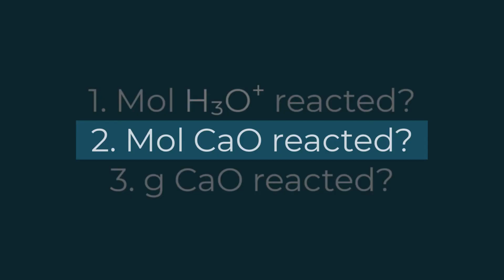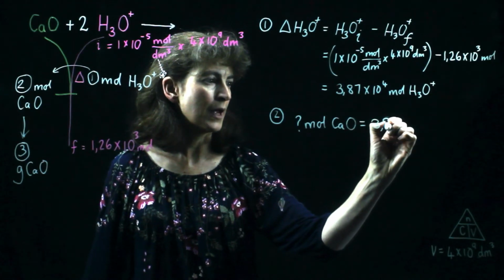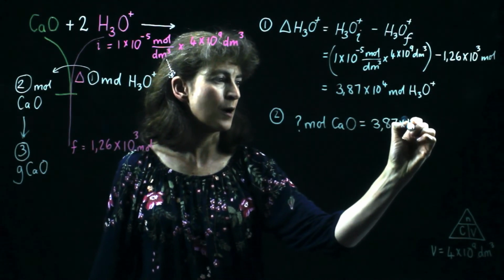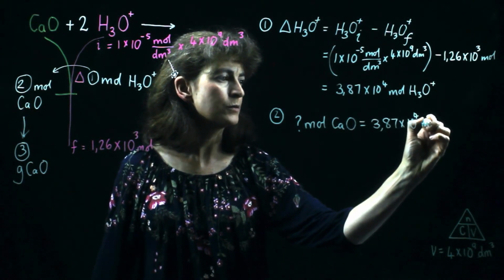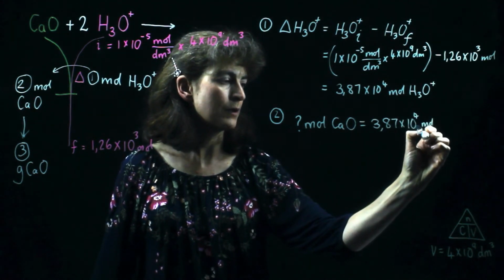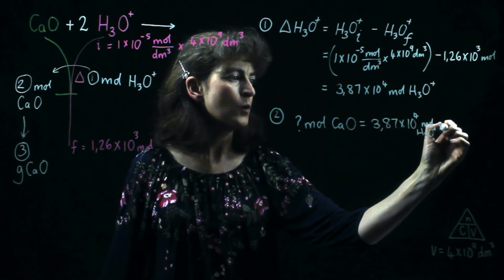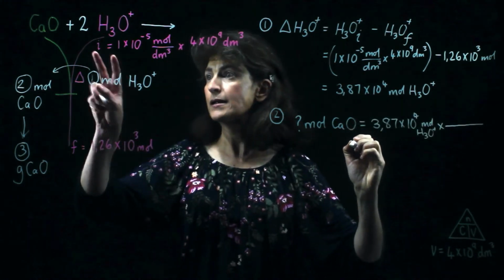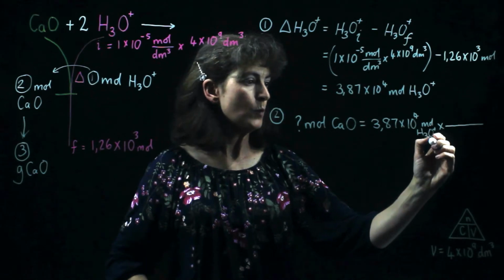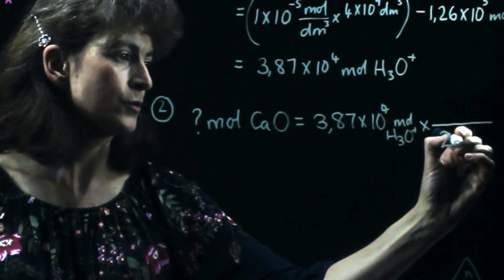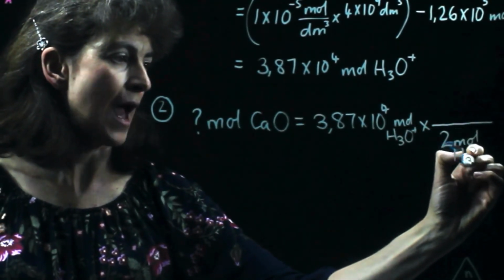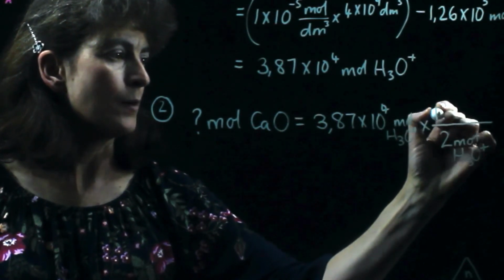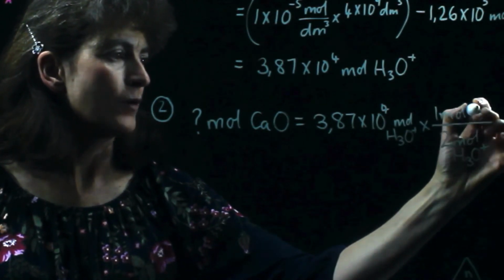Second step, from this, we need to then work out how many moles of calcium oxide reacted. If 3.87 times 10 to the power 4 moles of hydronium reacted, how do we do that? We apply the balanced equation's ratio. We know that 2 moles of hydronium react for every 1 mole of calcium oxide.